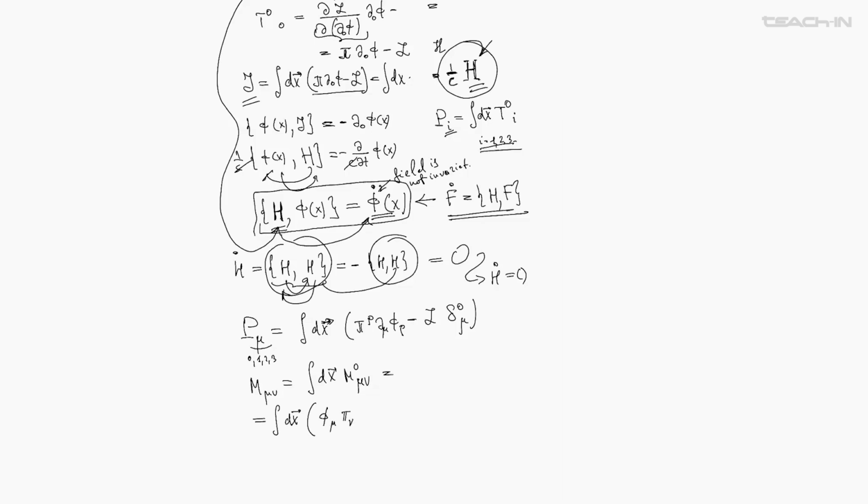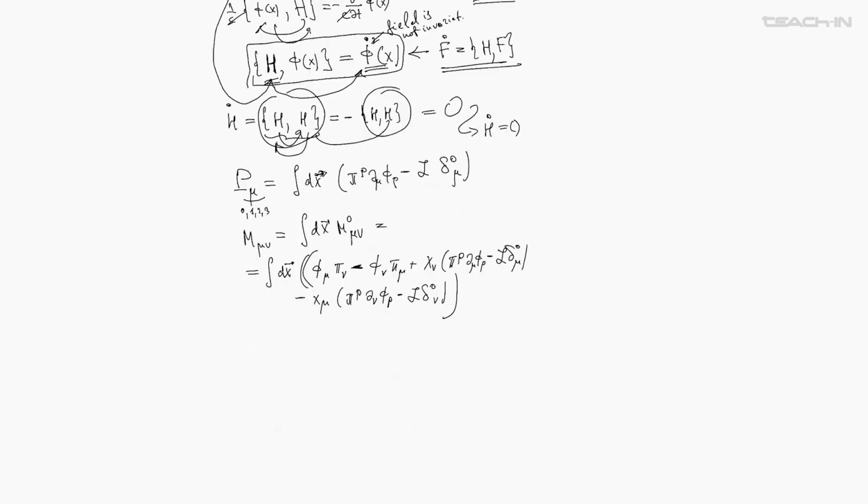And then there will be x^ν π^ρ ∂^μ φ_ρ minus Lagrangian density δ^{0μ}, and minus x^μ π^ρ ∂^ν φ_ρ minus Lagrangian δ^{0ν}. This is what you will find as an expression for generators of the Poincaré group.